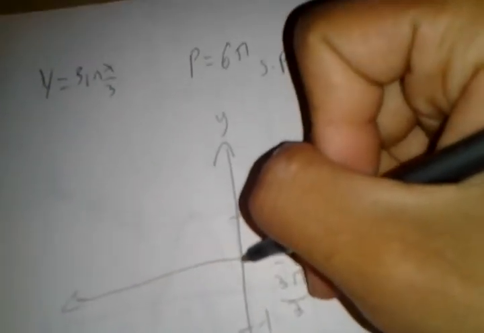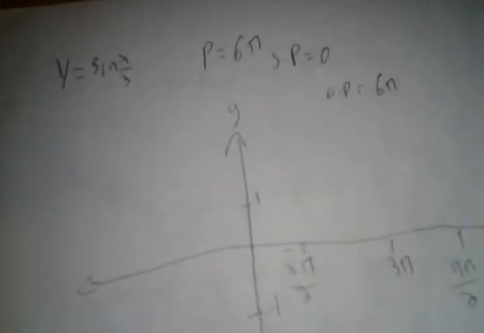From our background knowledge, we know what sine is of whatever x value is here. You just put it in as x and then find the actual value. Sine of 0 right here is obviously 0. Sine of 3 pi over 2 over 3: the two 3's cancel out, so it equals sine of pi over 2.